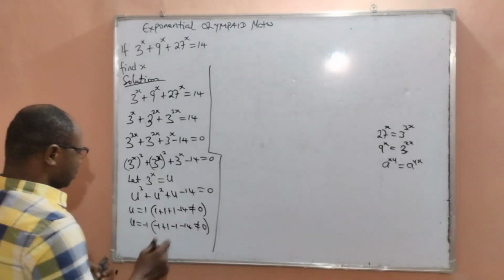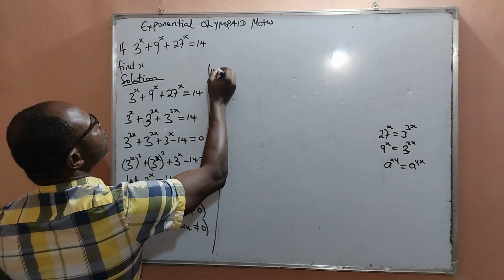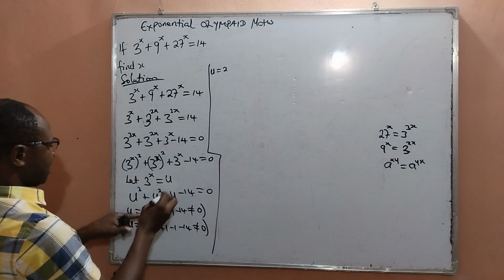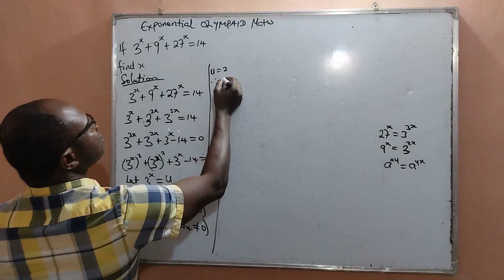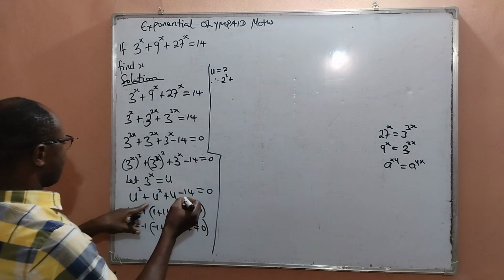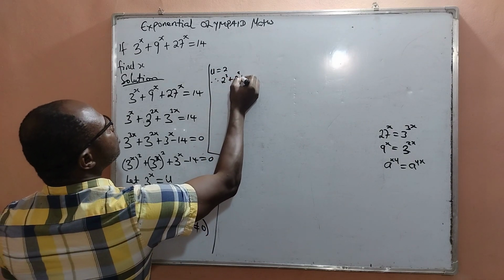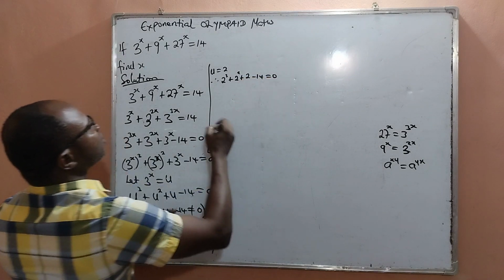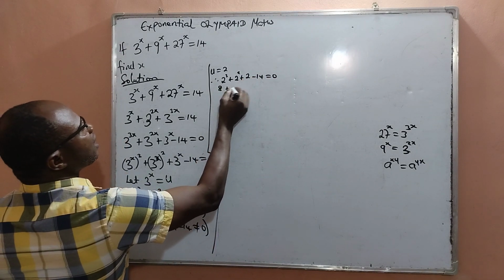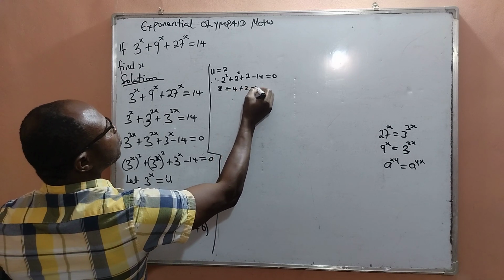Good. If u is equal to 2, what it means is that I am going to have 2 raised to the power 3, plus 2 raised to the power 2, plus 2 minus 14. Will this be equal to 0? This is 8 plus 4 plus 2 minus 14.